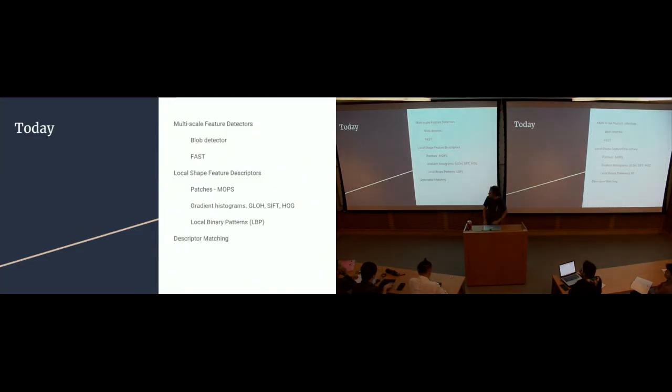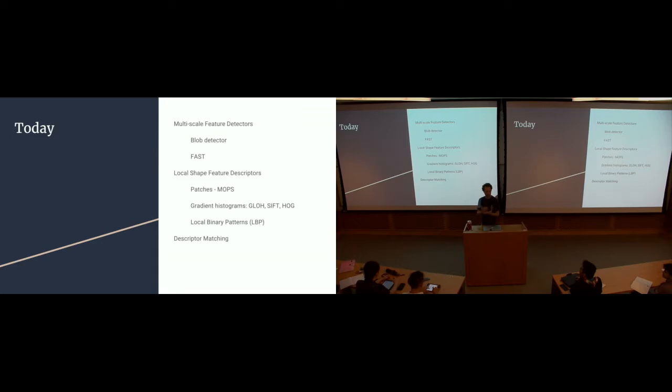And then we will talk a little bit about how to create descriptors for these points, because the goal that we set to ourselves is to be able to find the same key point in two images. So we want to be able to look at key points in one image, look at key points in another image, and do a matching between them. We already saw how to find the key points in one image, but now we're thinking about matching.